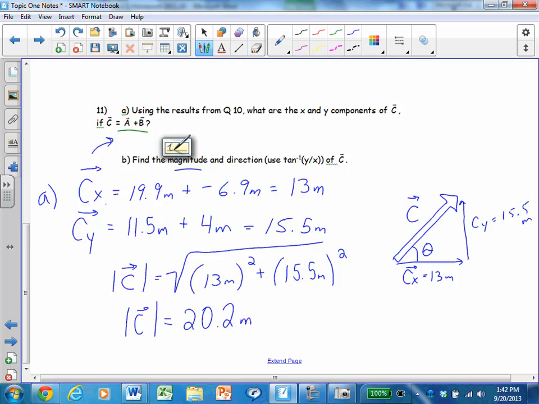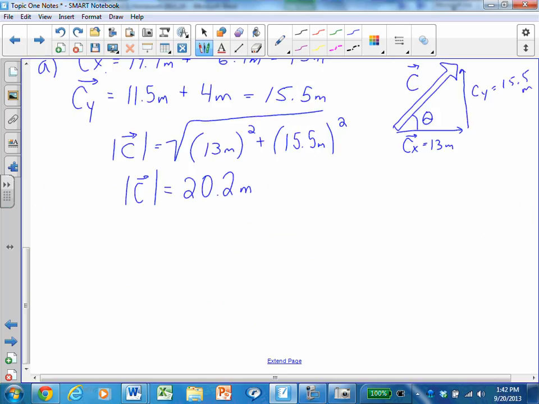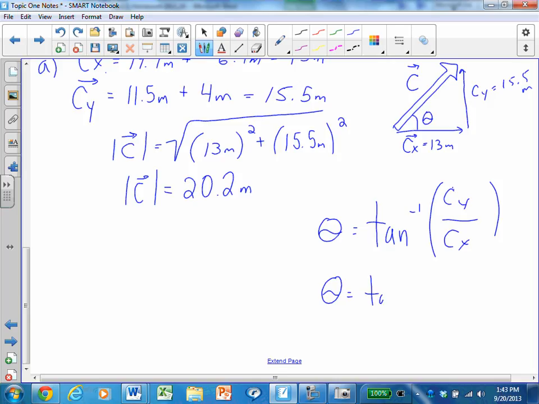And then I get theta with the tan inverse of y over x, Cy over Cx. Okay? We can see it should be 45 degrees if those were exactly equal, right?